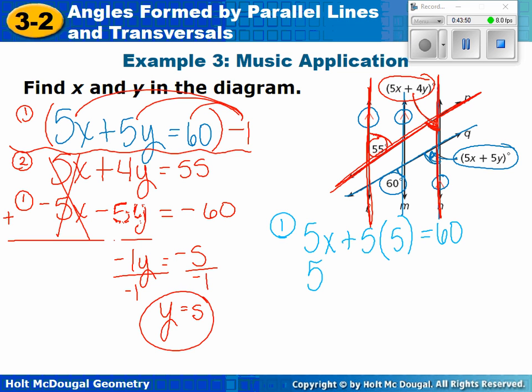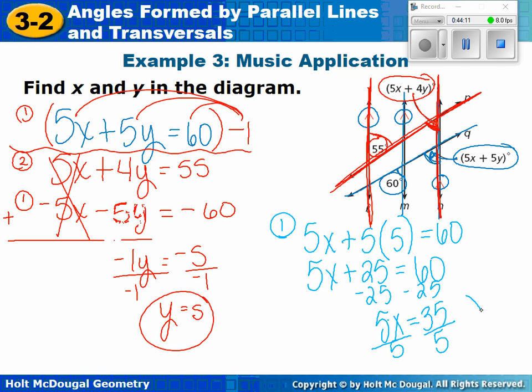That gives me 5x plus 25 equals 60. What do I do from there? Subtract the 25. And 5x is equal to 35. And lastly, divide by 5, and what is x? 7. And again, we're just solving for x and y for our geometry problem. You don't have to write these as ordered pairs. You're not solving a system of lines.